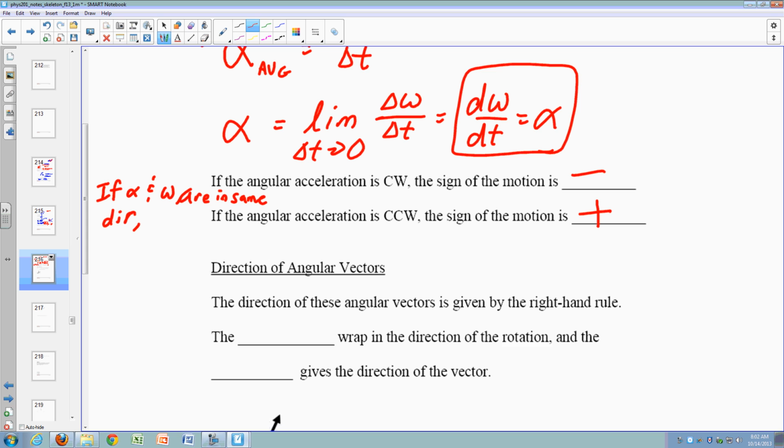Speeding up. It's speeding up. If alpha and omega are in opposite directions, it's slowing down.